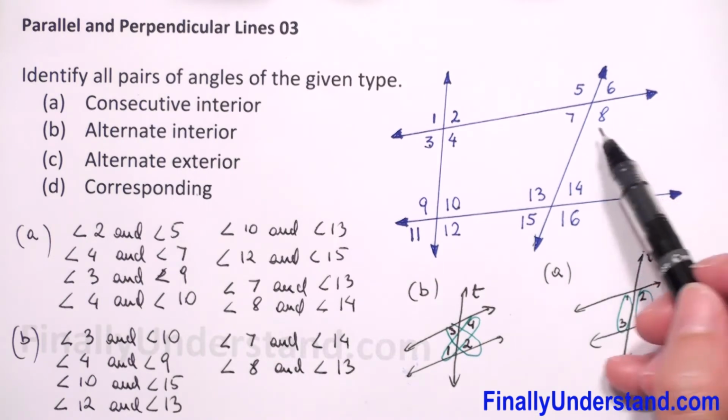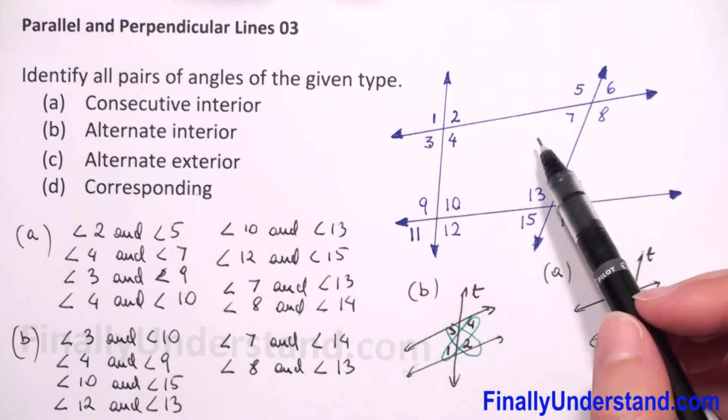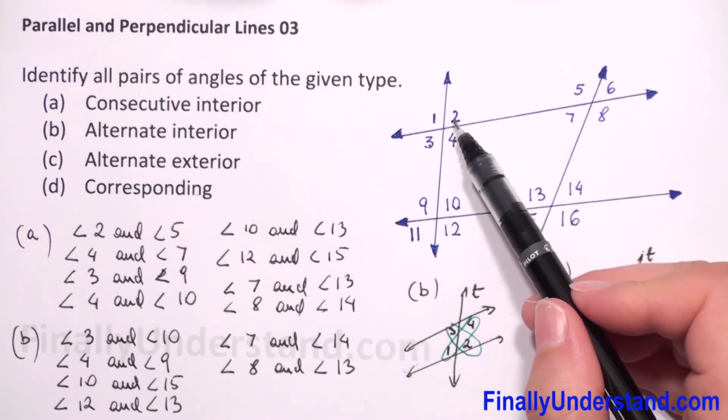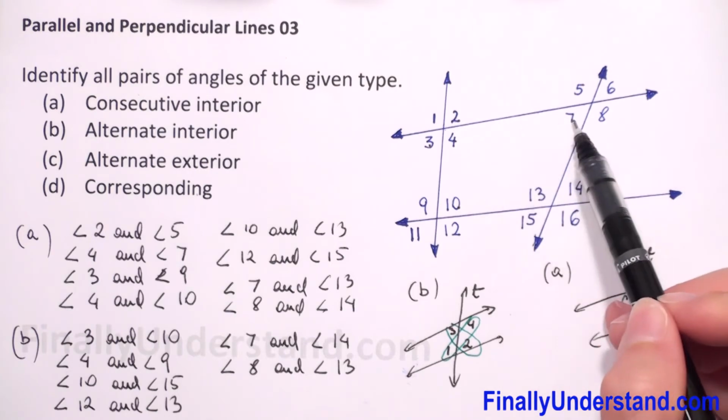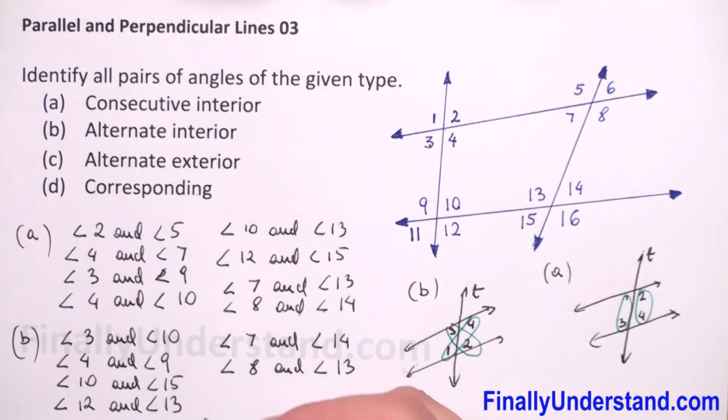Next, let's say that this is our transversal, and we have to look at angles between these two lines and on opposite sides. So we have 2, 7, 4, 5, or 5, 4, it doesn't matter which is first. So it will be angle 2 and angle 7 and angle 4 and angle 5.